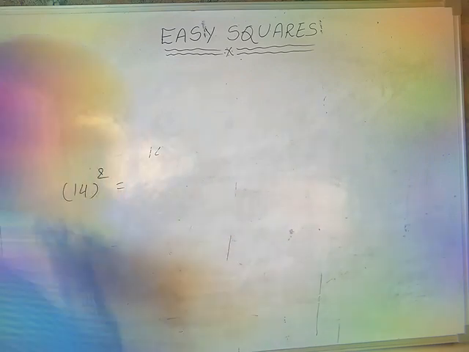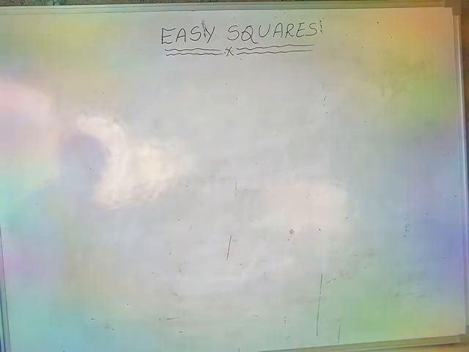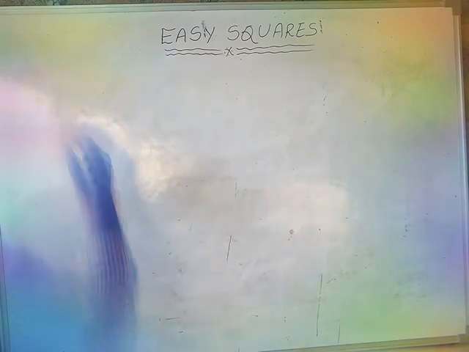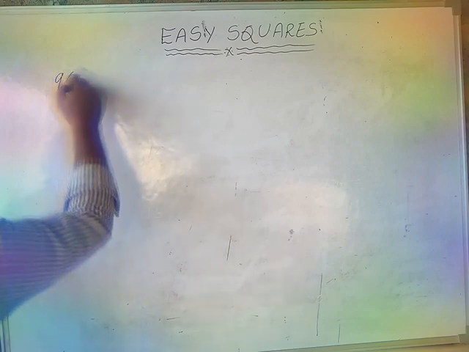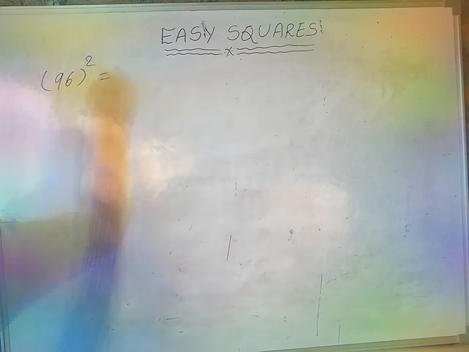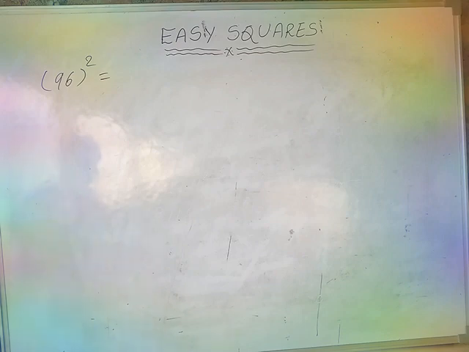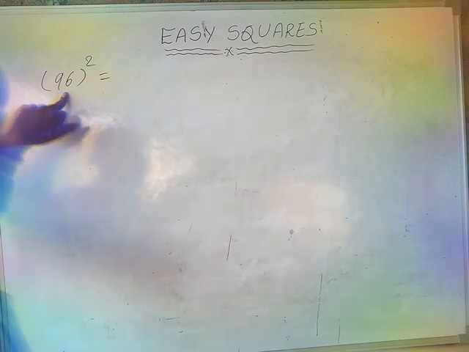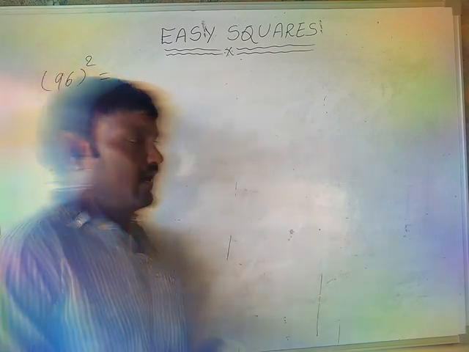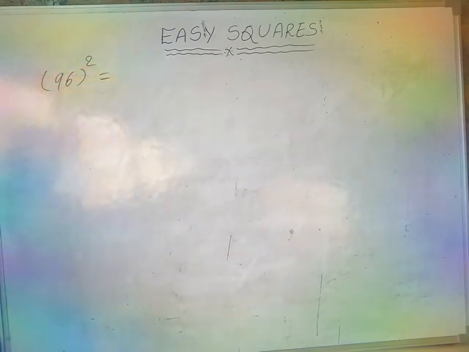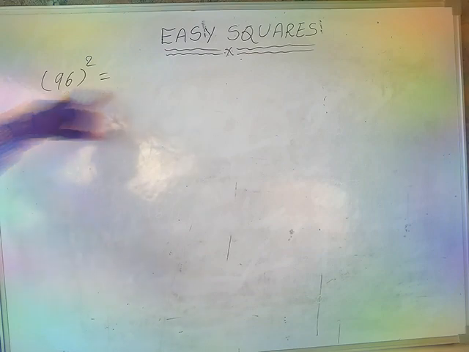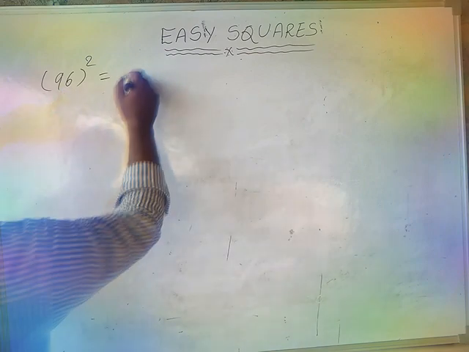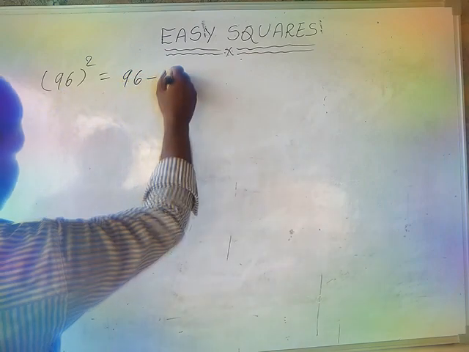For example, 96 whole square. So 96, the nearest main base is 100. So what is the less number? 100 minus 4 is 96. That means 96 minus 4.